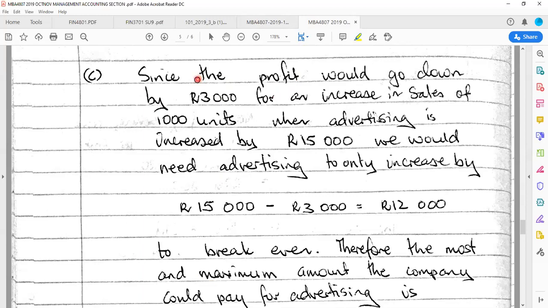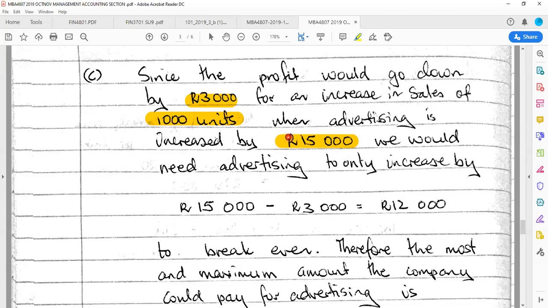So with this advertising, the profit would go down by 3,000 Rand for an increase in sales of 1,000 units when advertising is increased by 15,000 Rand. So advertising of 15,000 Rand is actually leading to a decrease in profit of 3,000 Rand.